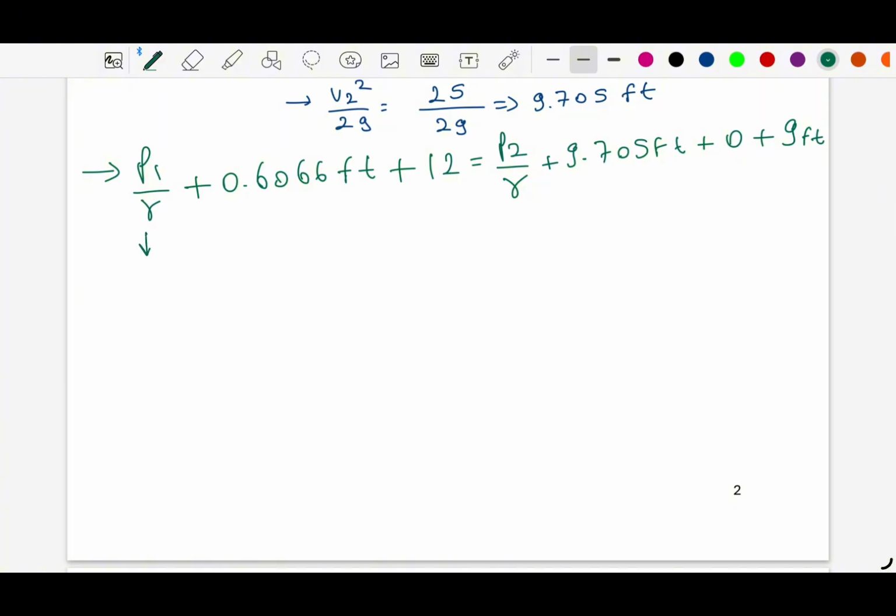So let's look at P1. It is given as 18 pounds per square inch. It's actually pound force per square inch. And since all other units are in feet, we can convert it to feet.